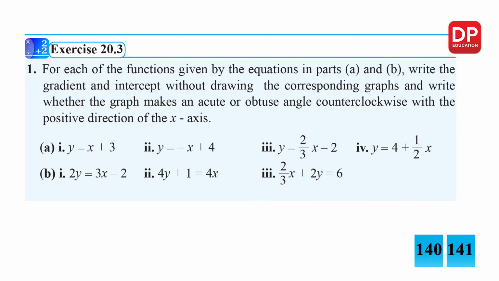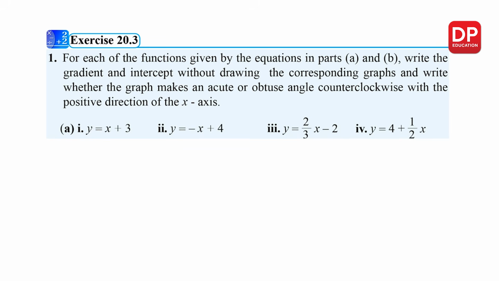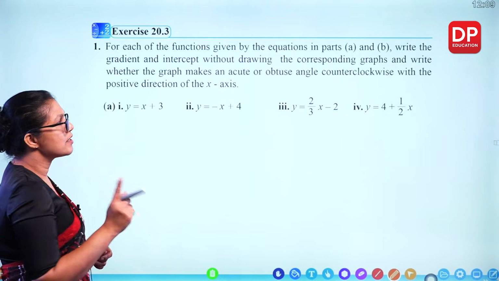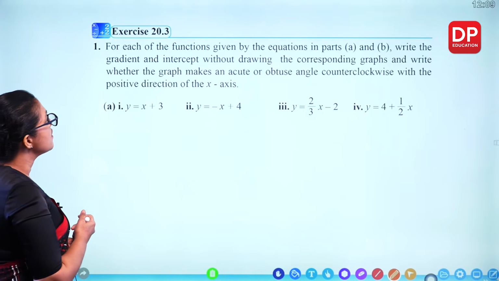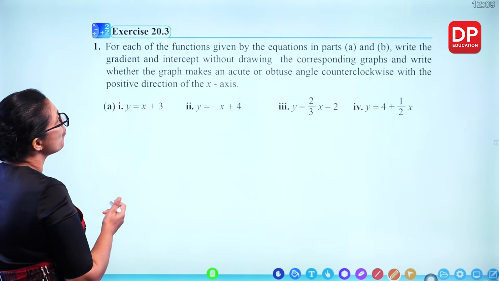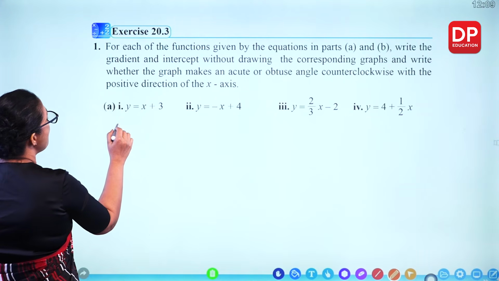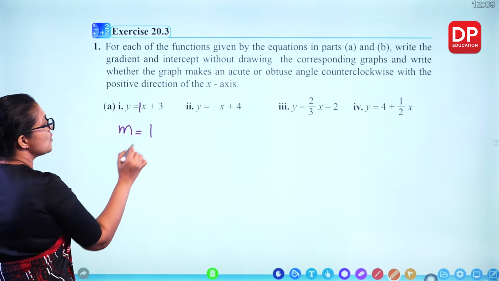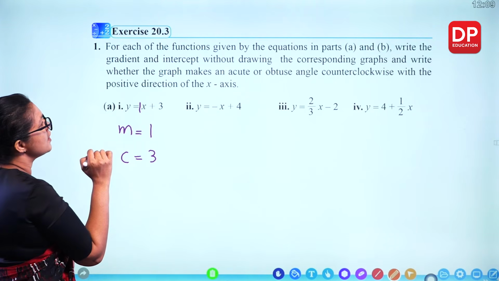Exercise 20.3. For each of the functions given by the equations in part A and B, write the gradient and intercept without drawing the corresponding graphs, and write whether the graph makes an acute or obtuse angle counterclockwise. Counterclockwise means anticlockwise with the positive direction of the x-axis. Find M and C. So this is 1. So M is 1, C is positive 3.